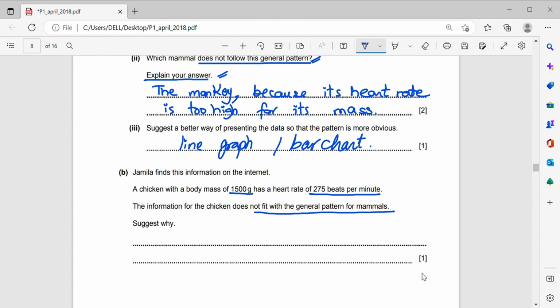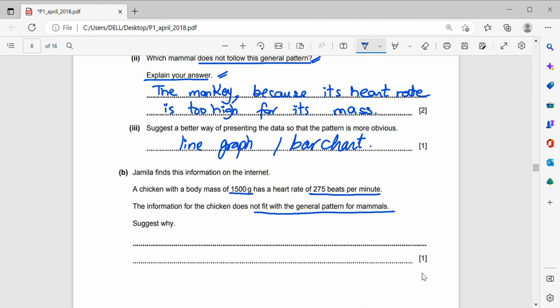First, is the chicken a mammal? No, the chicken is not a mammal, it's a bird. This is the first reason. It's a bird, not a mammal, so it could not follow the same pattern. Number two, we could expect that the chicken's heart rate to be between, for example, 150 and 205, since the mass of the chicken is 1,500.